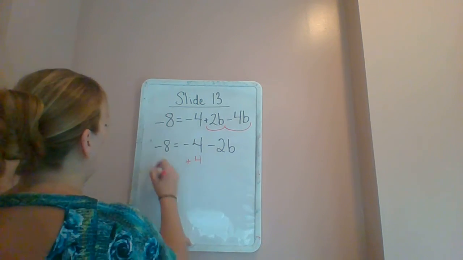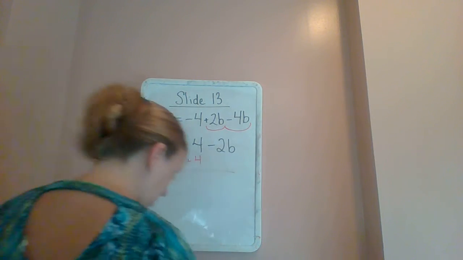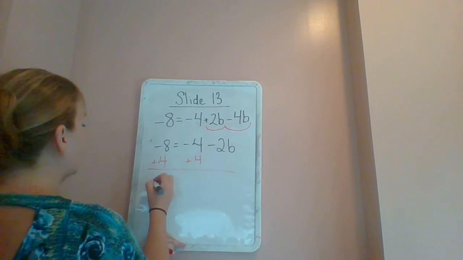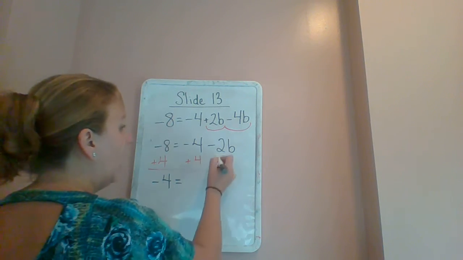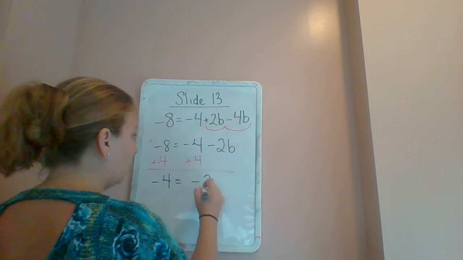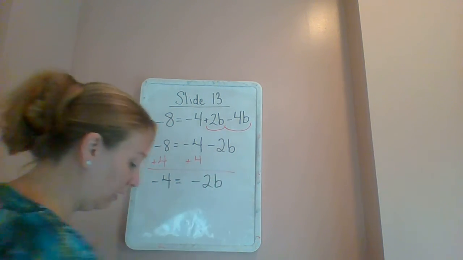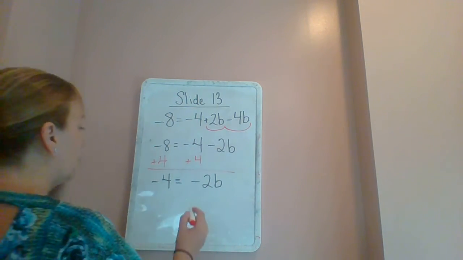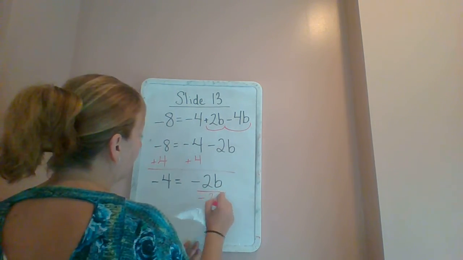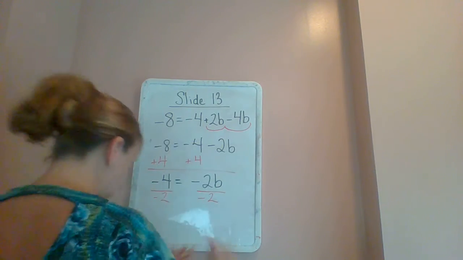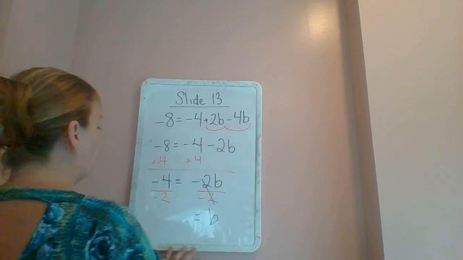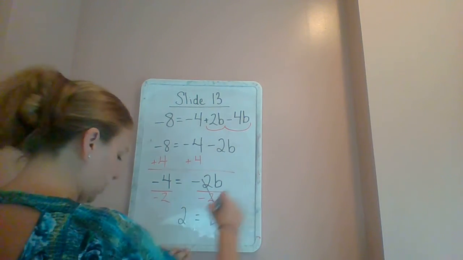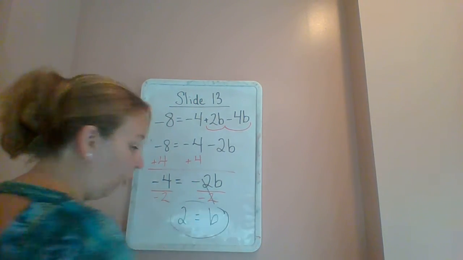We got to add the 4. -8 plus 4 is -4. Equal sign comes down. And a -2b, not just 2b. Don't lose your negatives. Divide by -2. And b equals negative divided by a negative is a +2. All right.